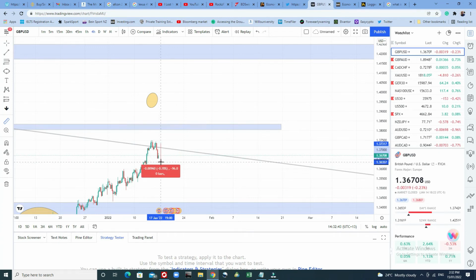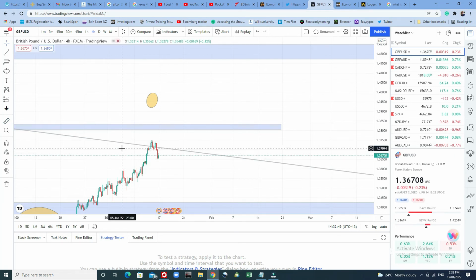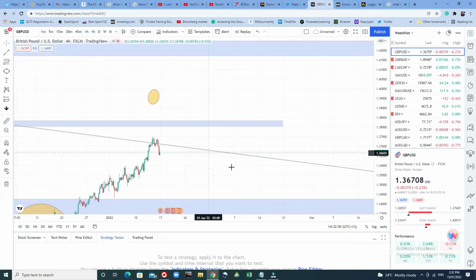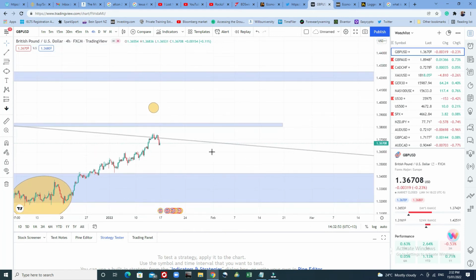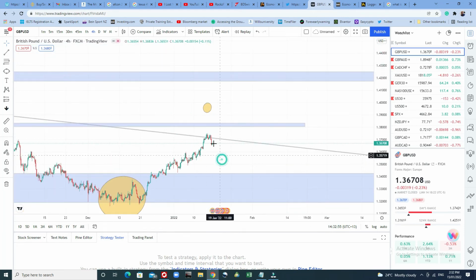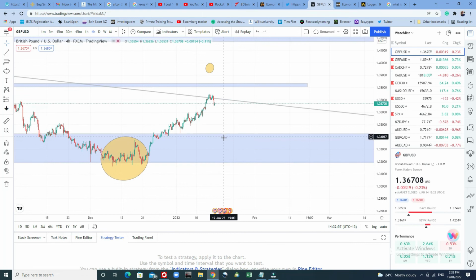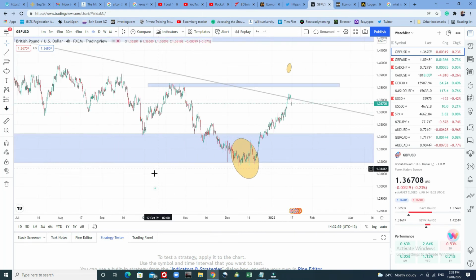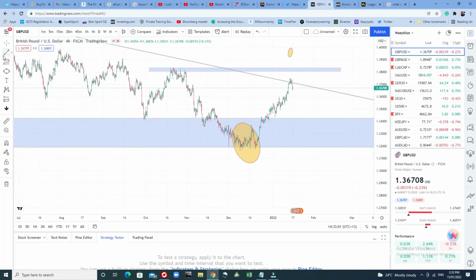I'm at 78 pips so far. The reason being is that the trend is very clear. You can see that the market is building higher highs and higher lows. It's doing like this.